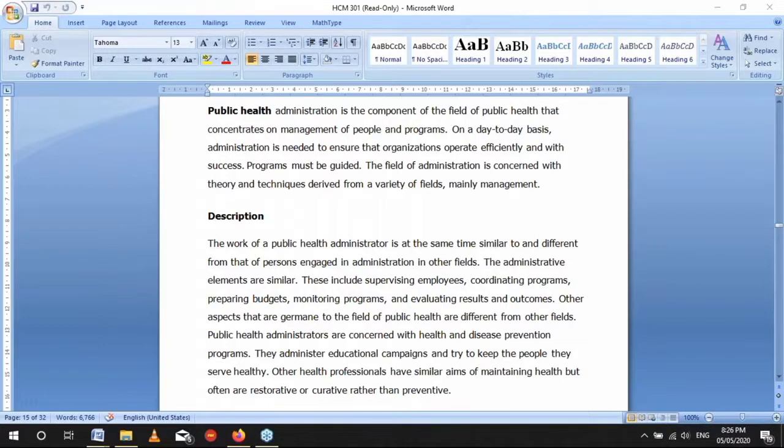And number 3, it controls overstocking. Those are the reasons why we really need to control inventory.